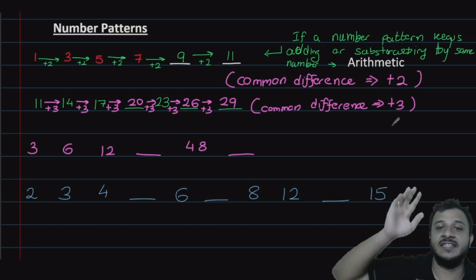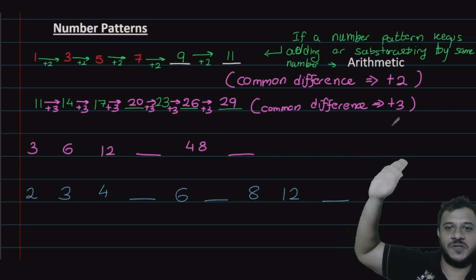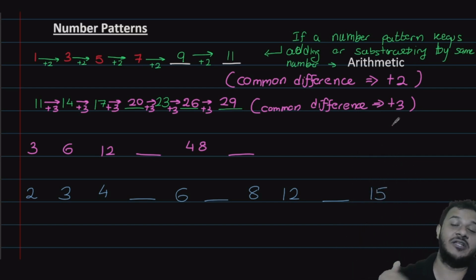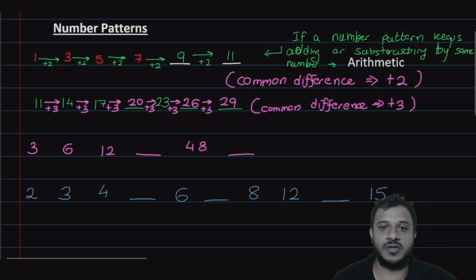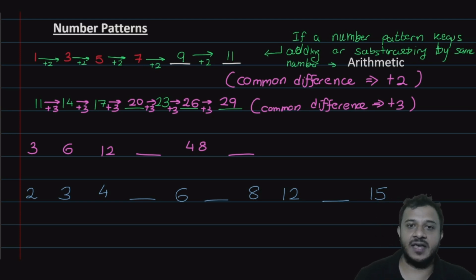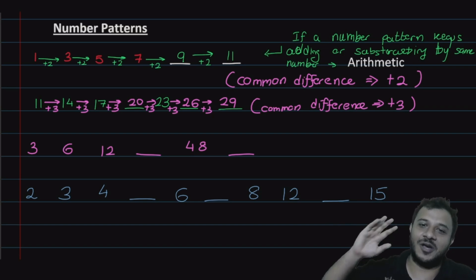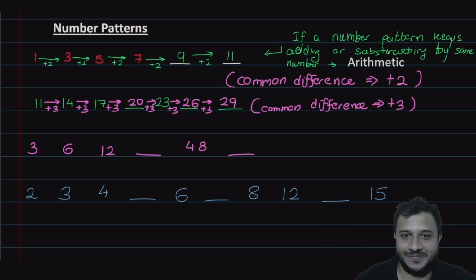Now, this thing which we learned, the arithmetic number sequence, I'm going to talk about it extensively with you all today. The reason is this is going to come in your O-level paper as well.